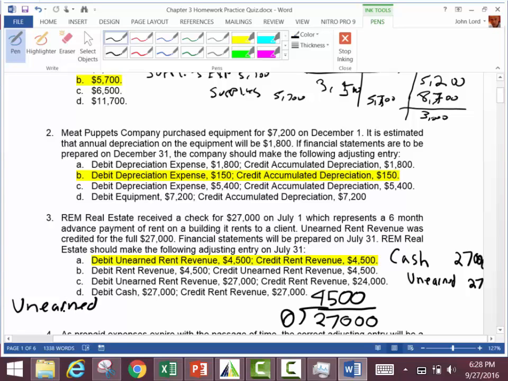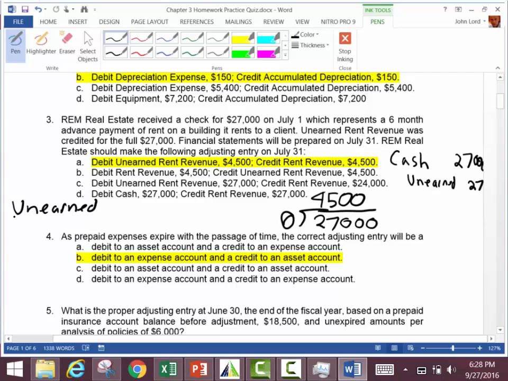If you want to do a T account, please don't call it a T chart. For us accountants, that's like blasphemy. It's a T account, okay? Good. So it originally had how much in there? 27,000. Was it a credit? Okay, good. And what did we just do to it? Debited 4,500. Go ahead, put that in.